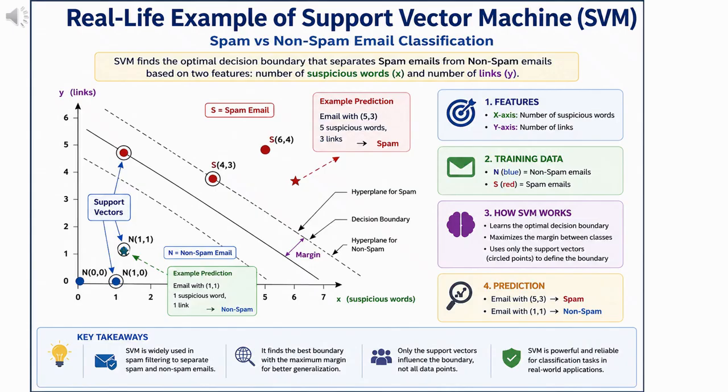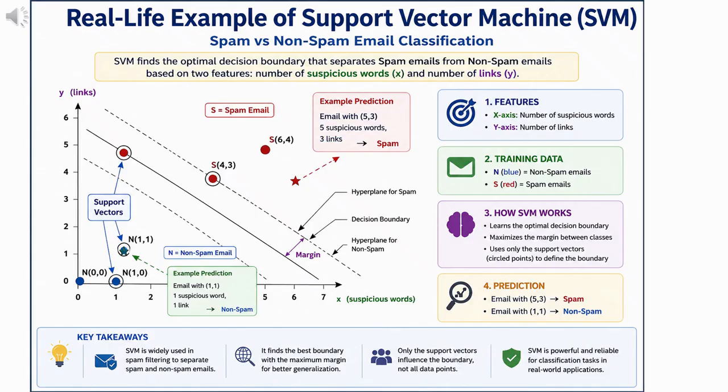Now imagine a new email arrives with 5 suspicious words and 3 links. Since it lies closer to the spam side of the decision boundary, the SVM classifies it as spam. Similarly, an email with 1 suspicious word and 1 link falls on the non-spam side and is classified as non-spam.